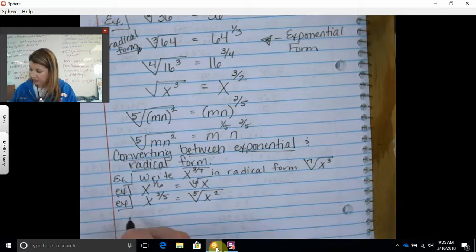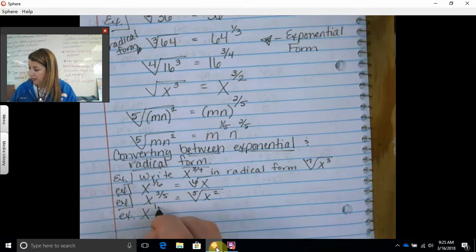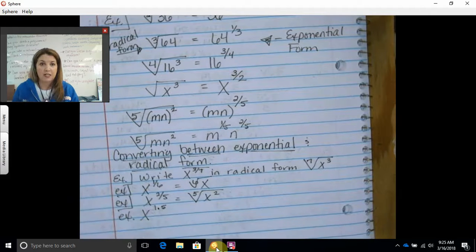Okay, here we go. How about x raised to the 1.5? Okay, we know what to do if we have a rational exponent, but this is a decimal. Anybody have any idea what we would do?